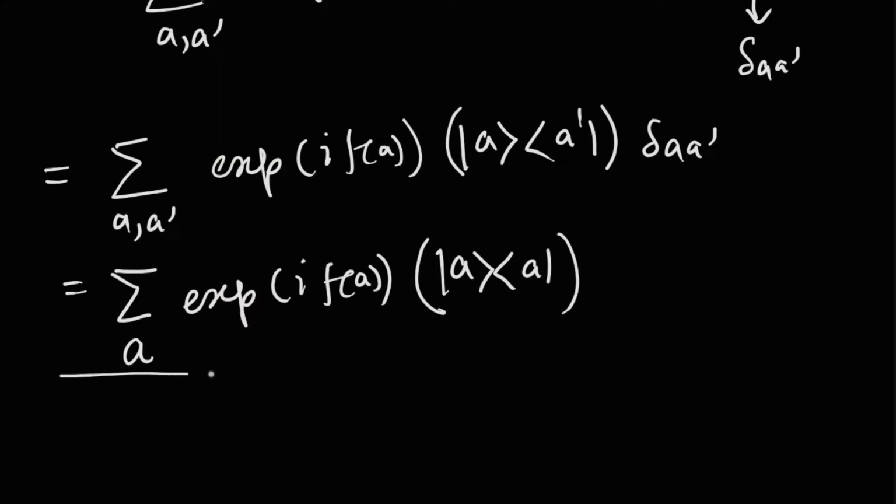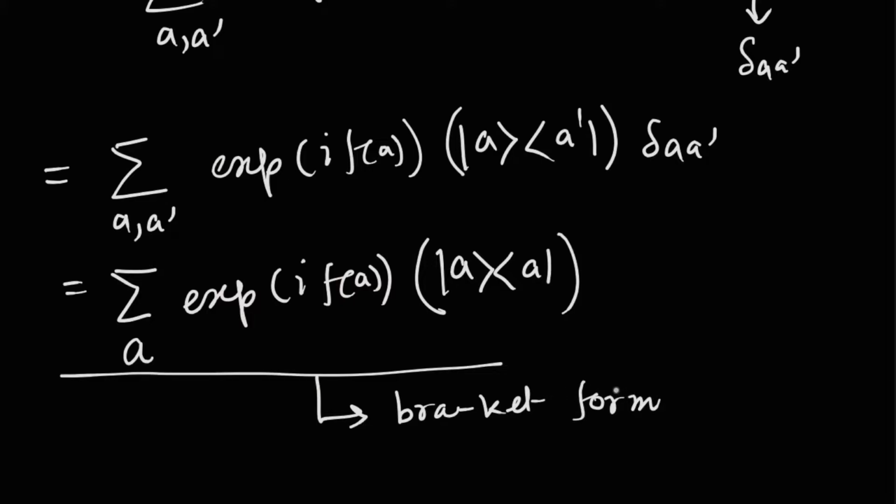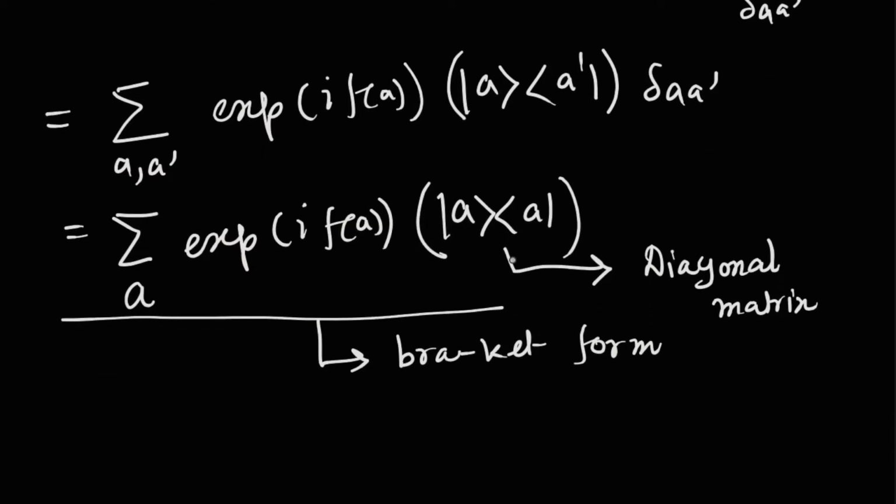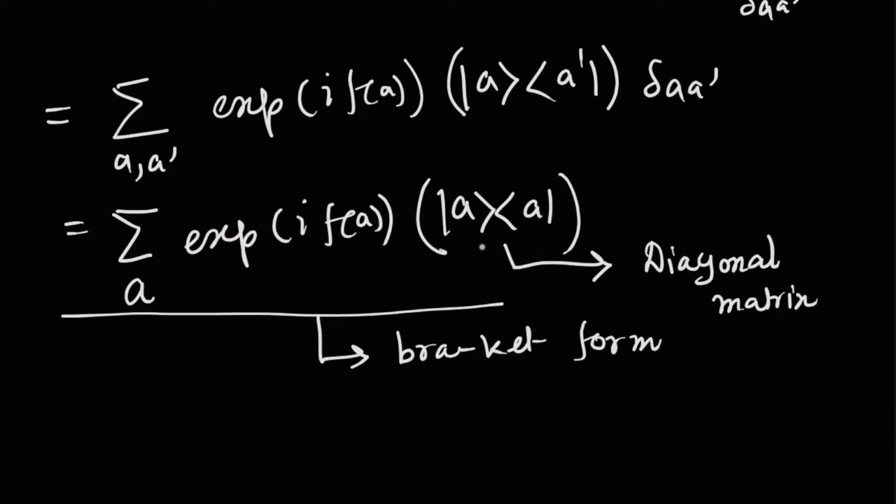So this is the form of the given operator in bracket form. And from this expression we can easily see that it is a diagonal matrix if we represent it in terms of a matrix, because its non-diagonal terms are 0.